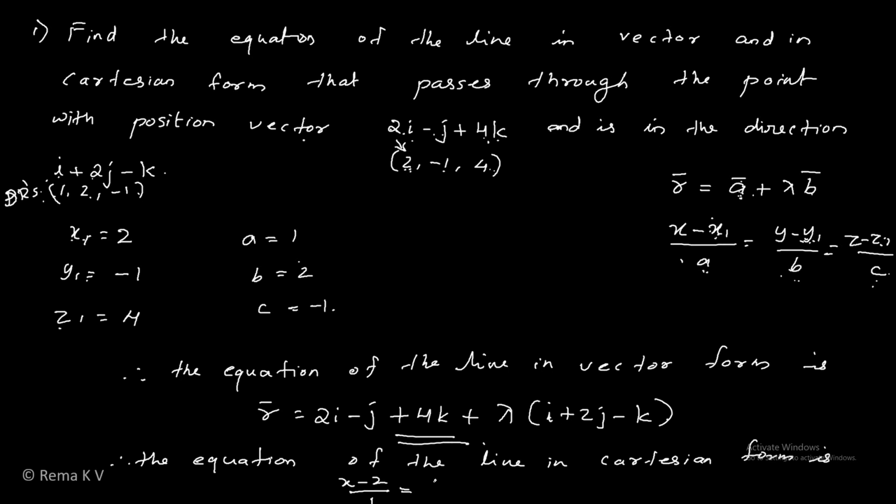This is equal to (y minus y1), and y1 is minus 1, so it is y plus 1, by b, which is 2. This is equal to (z minus z1), that is z minus 4, divided by c, which is minus 1. So this is the equation of the line in Cartesian form. Is it clear?